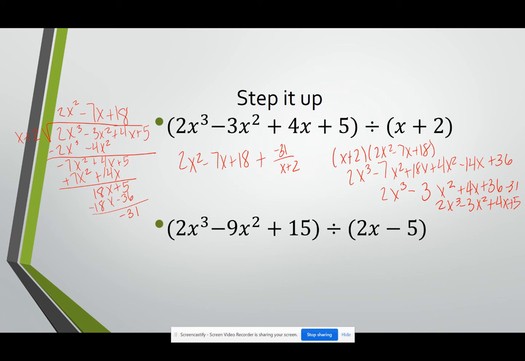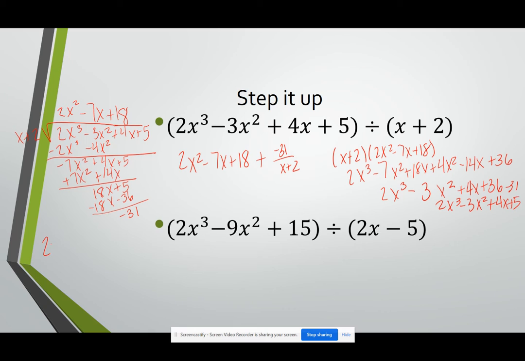So for the next problem, this one's a little bit different because now we're missing a part of the polynomial. We're missing plus x. So you can always do plus 0x, or you just have to remember you're going to have to bring it down.